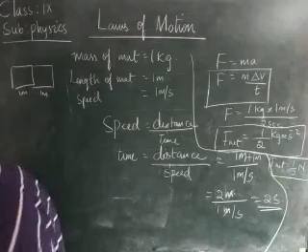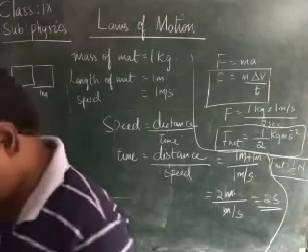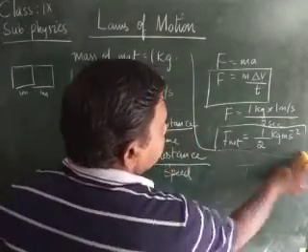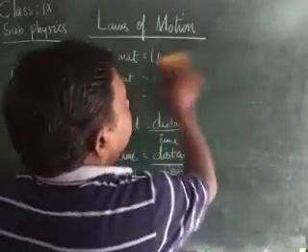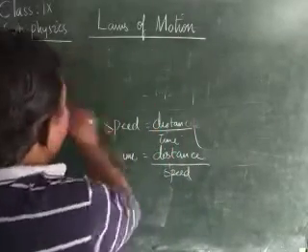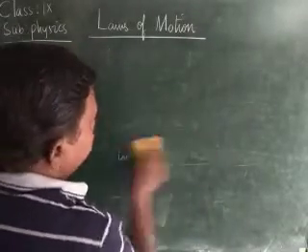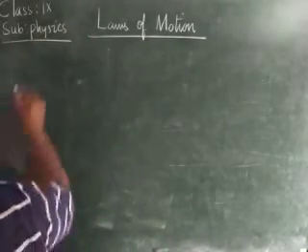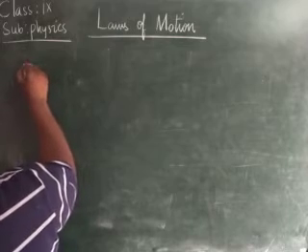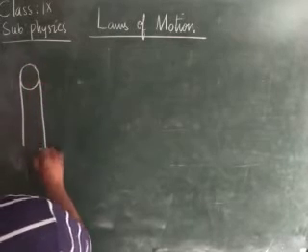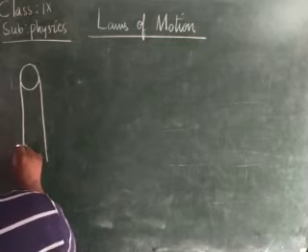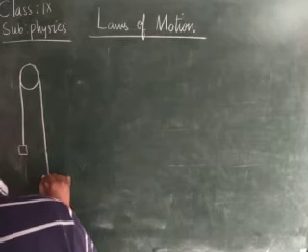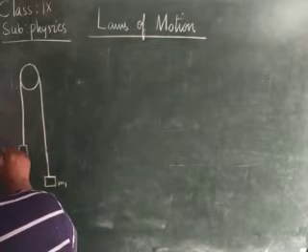Okay children, m1 is greater than m2. Here 2 masses are given, that is m1 and m2. Atwood machine, two loads are given, m1 and m2.